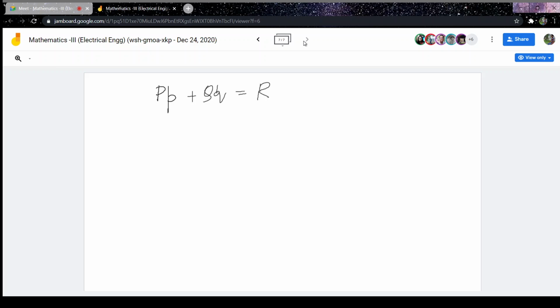That is, I am writing the auxiliary equations, which will be given by this, but how it comes, it can be proved. I can give you the proof.